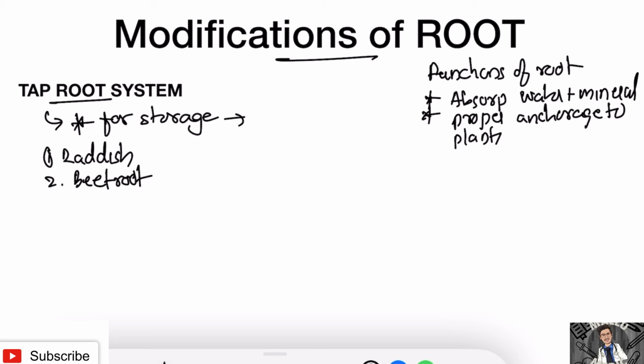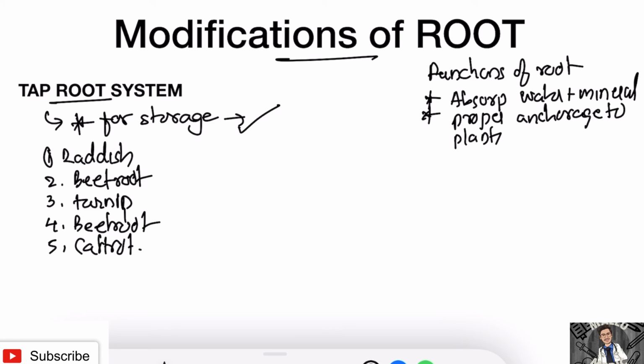That primary root eventually becomes these vegetables. We call them vegetables, but for the plant it's actually a storage place. Turnip, beetroot, carrot, etc. These are the modifications of the taproot system, and it's for storage.